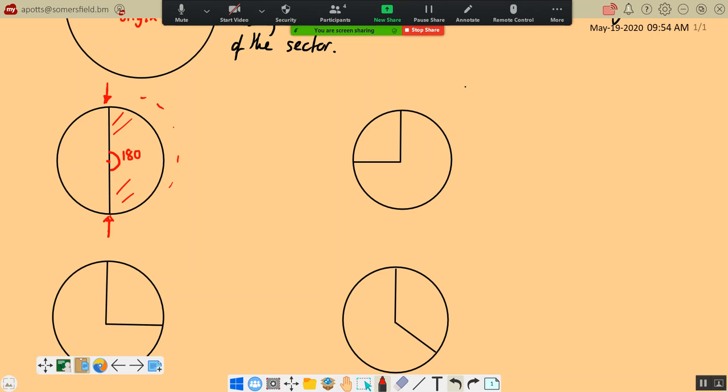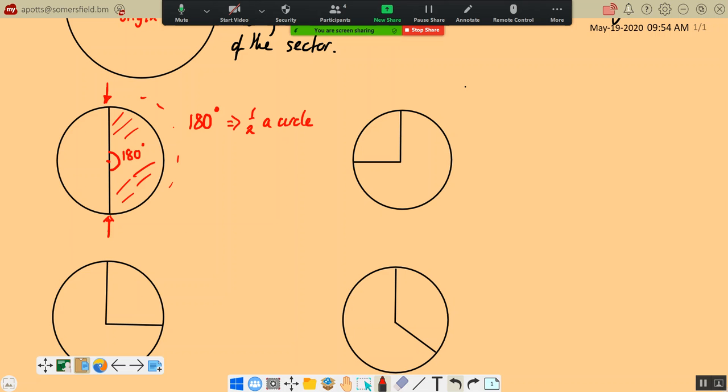Yeah, it's 180 degrees, isn't it? How much of the circle am I taking if I take just this part as a fraction? Half. So 180 degrees would give me half a circle.